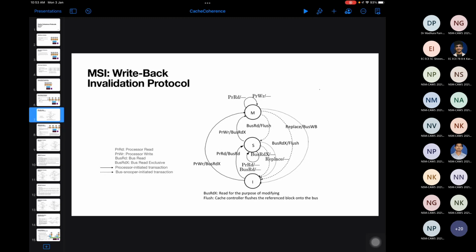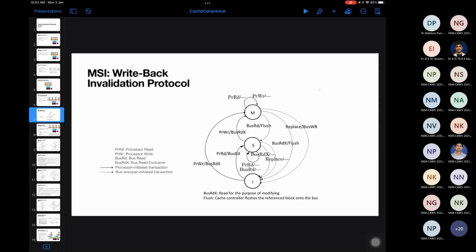In other words, let us say I want the data and you have the data in a modified state. Obviously, when you have the data in modified, you are the only one having the data. Even the LLC will not have the correct data. So you have to supply the data to me. Once you supply the data to me, we both have the same data. Then what should be the state of your block? Shared. Because only a shared block can be there in multiple caches.